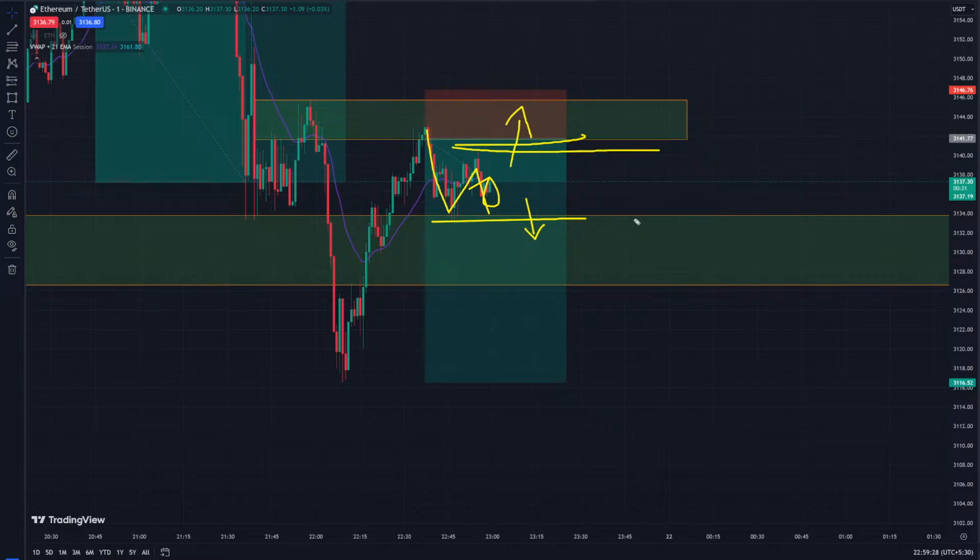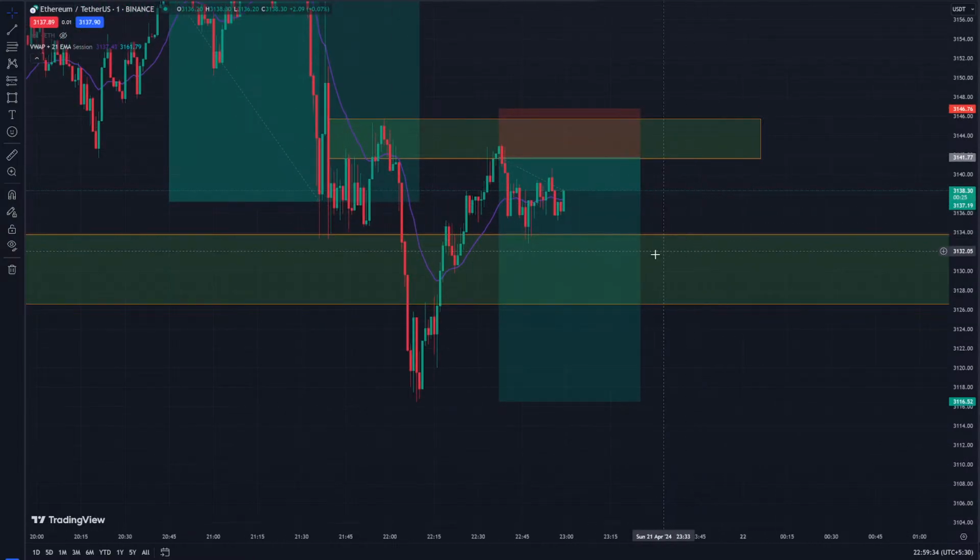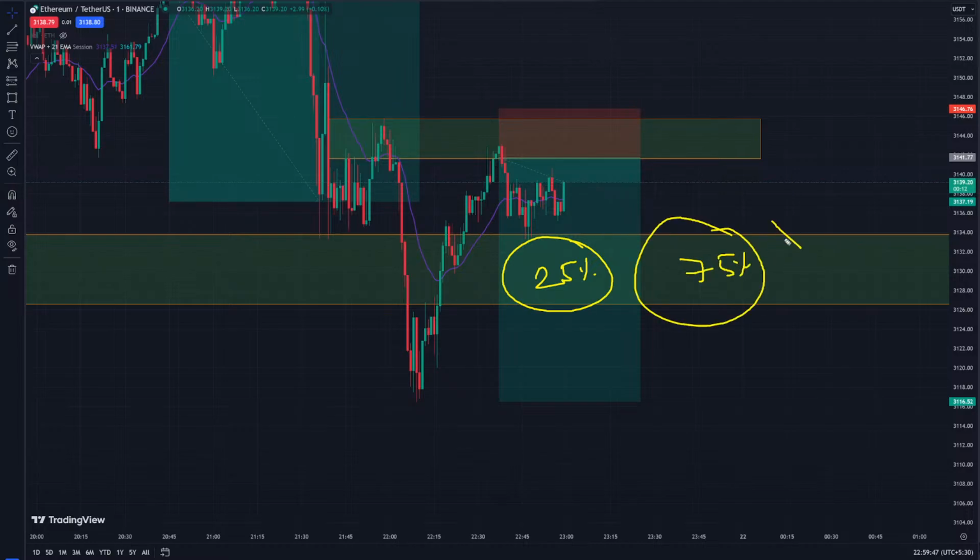It is in this range currently. So very well, no problem. The chances of this trade succeeding is only 25%. I'm telling you, this has 75% chances of going wrong, because your risk to reward is so much.